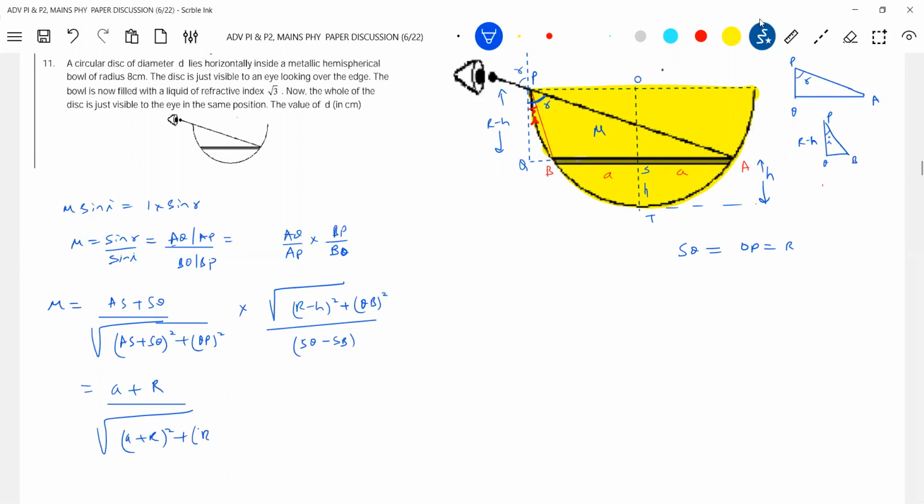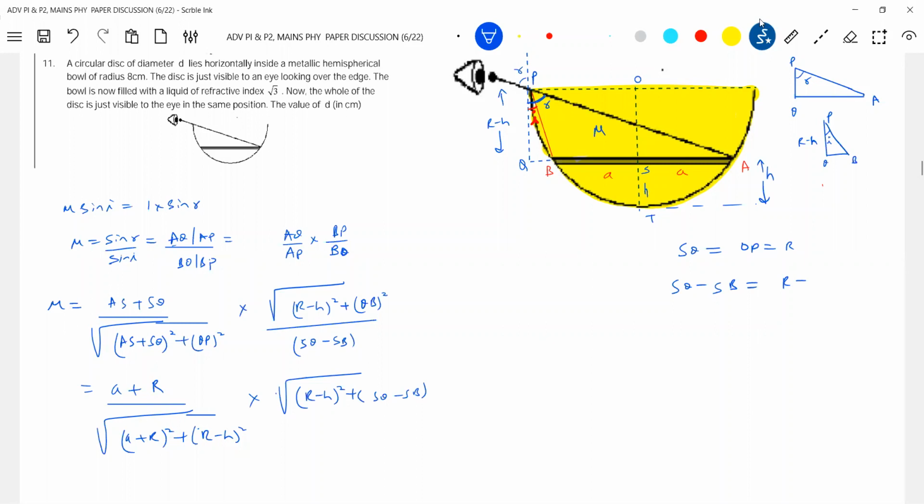Then PQ will be R minus H whole square, and QB will be SQ minus SB. What can SQ minus SB be equal to?